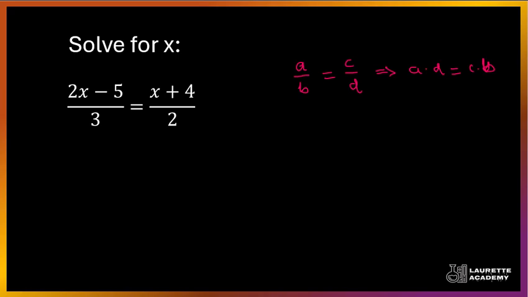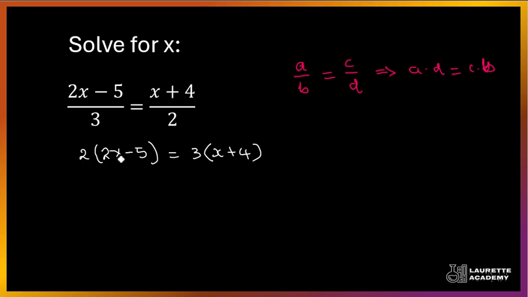So if we apply that to this equation, we will have that 2 times (2x minus 5) is equal to 3 times (x plus 4). We open out the brackets on both sides of the equation.